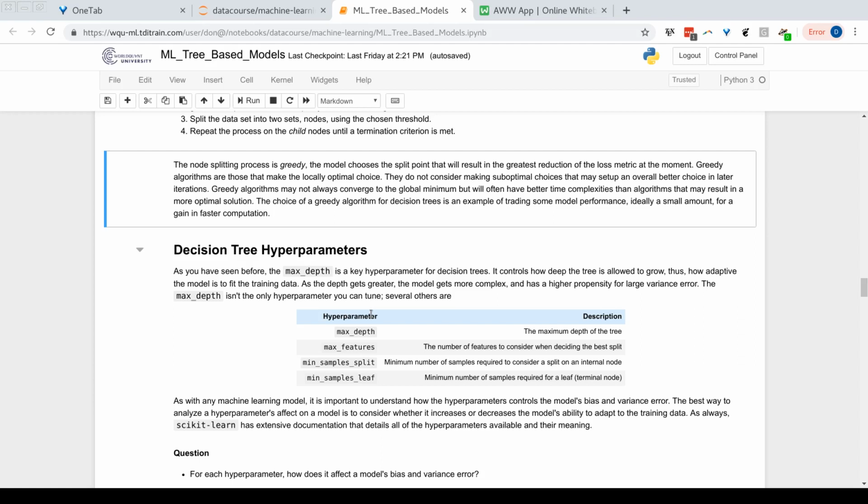At some point, if the tree is too deep, it's too adaptive. It's going to learn the signal in the data, but it's also going to start fitting the noise. It's going to start learning the idiosyncrasies of our training data. We don't want that. So at a certain point, increasing the depth is going to hurt the model's performance. So in this example, increasing max depth will increase the variance error of our model.